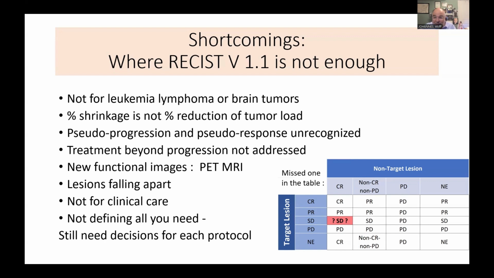But when you do the table, you notice they missed one. This one is not described in the original table I showed before. That would be the non-target lesion is in CR and the target lesion is in SD. What is that? I would call it SD. That's how I wrote this, but that is not from the table. That's just me making that up. Now, does that ever exist?